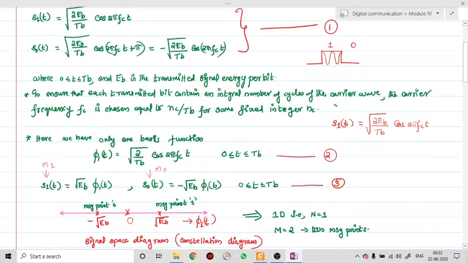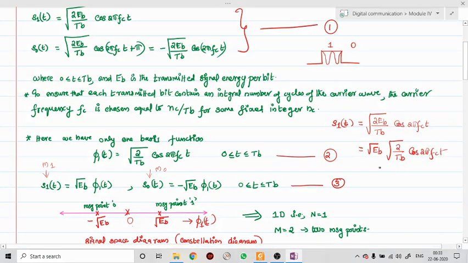Now simply take this root Eb outside. That is root Eb times root 2 by Tb cos 2 pi Fc t. And I am naming this as phi 1 of t.